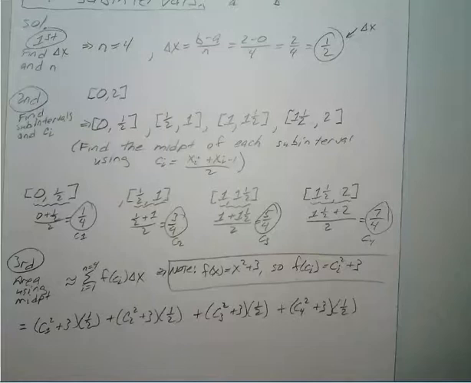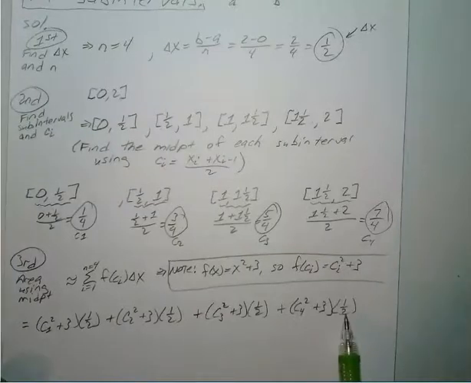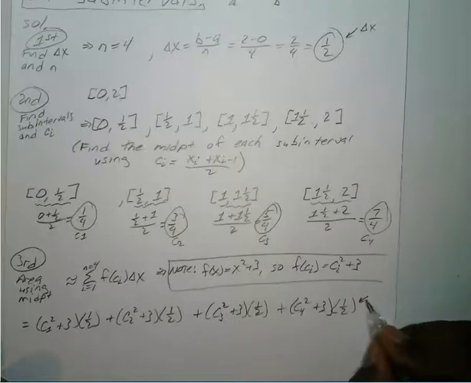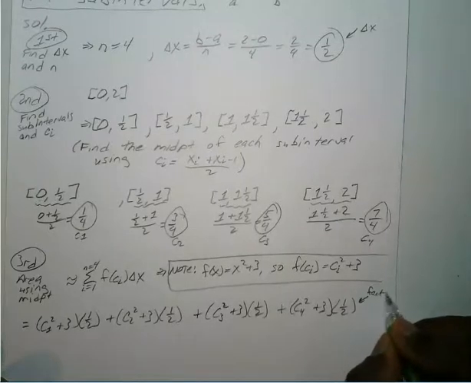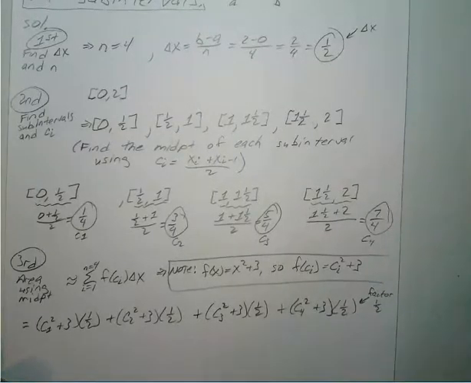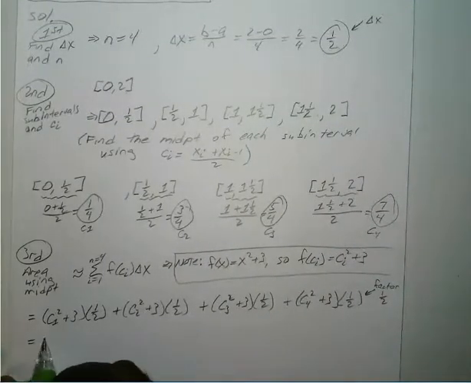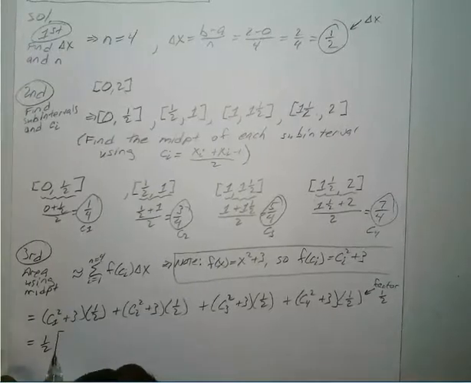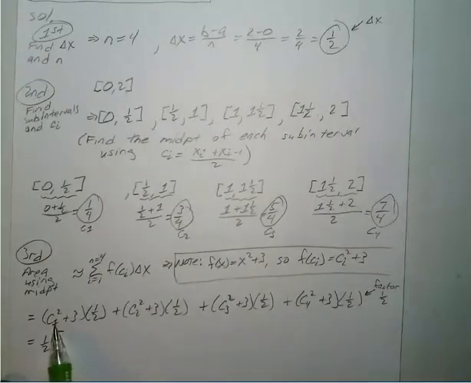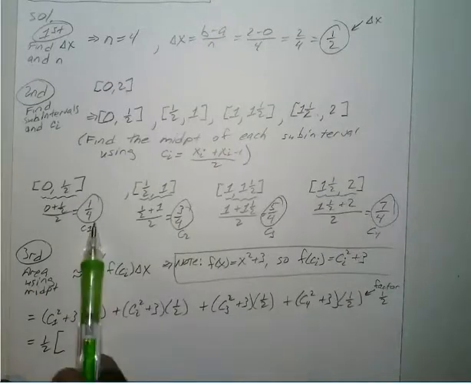All right. So now we're going to factor out 1/2 from each of those terms, just so we don't have to keep writing it over and over. So that's going to equal 1/2. Then we replace those c sub 1, c sub 2, c sub 3, and c sub 4 with the values up here.